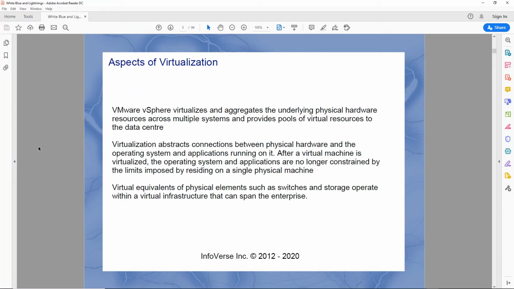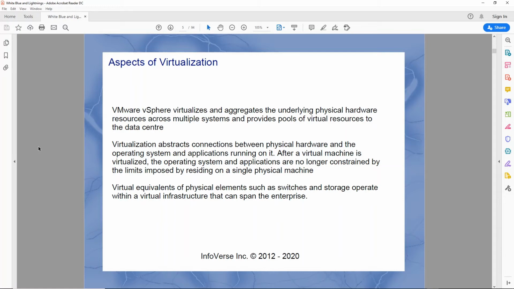So ESXi, or vSphere, gives us that virtualization layer that goes between the hardware and the applications that are running, and allows us to virtualize our applications and operating systems.